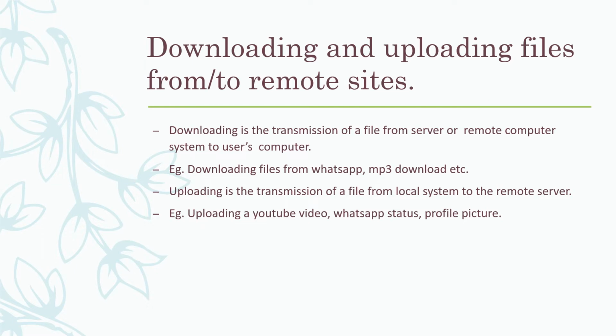In this manner, we request the server computer for a connection and then we are able to download the file from the server. Some real-life examples are downloading images from WhatsApp or MP3 downloads. In that case, we are downloading from the WhatsApp server to our phone devices.